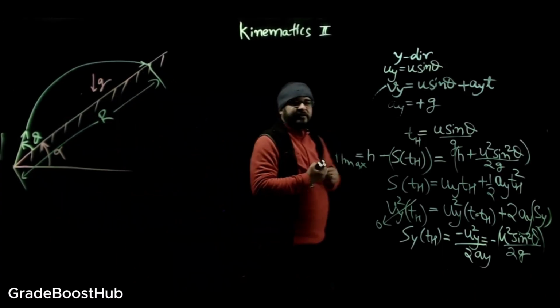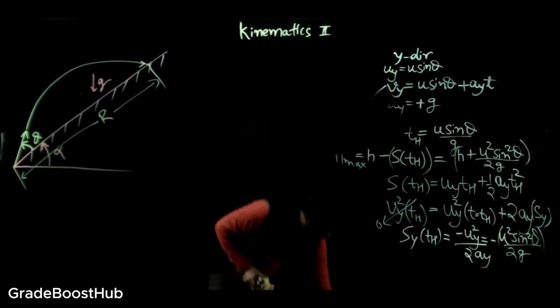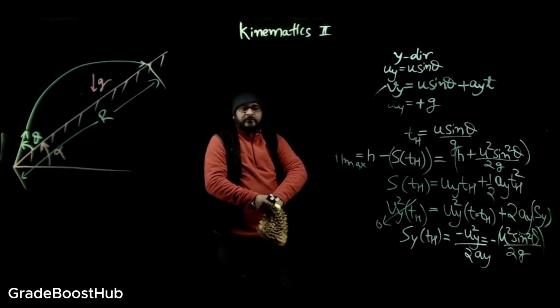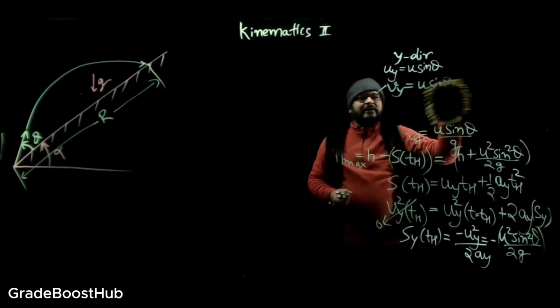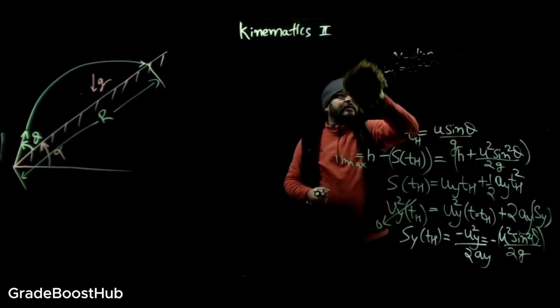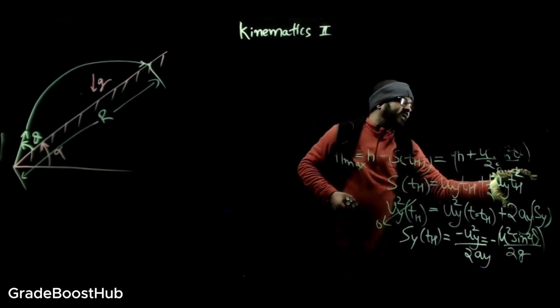Any suggestion? Can we change the reference and make the x along the plane? Very well, very good idea. If we take the incline as x coordinate, then g can be resolved into components with cos alpha. Exactly, very good observation.